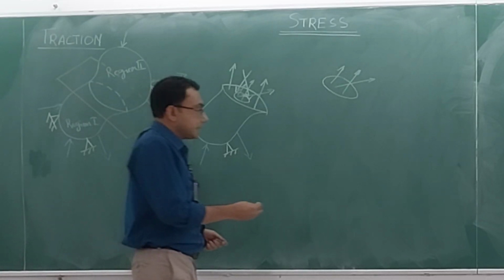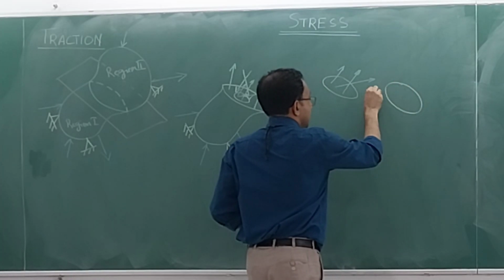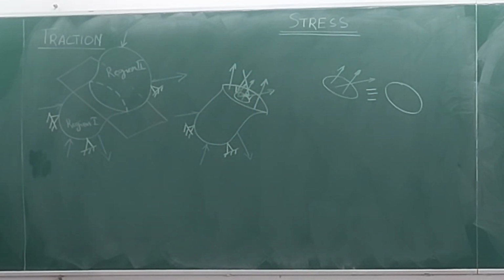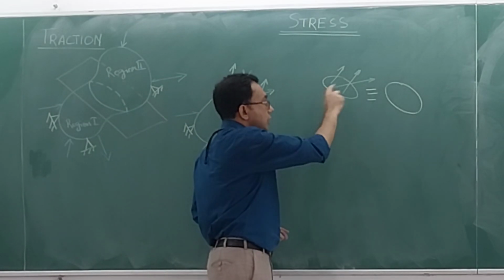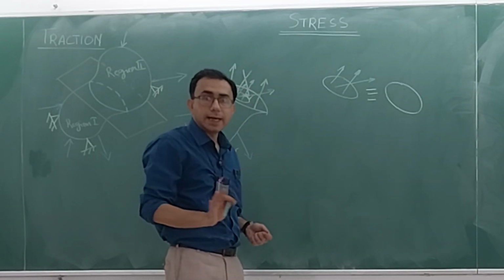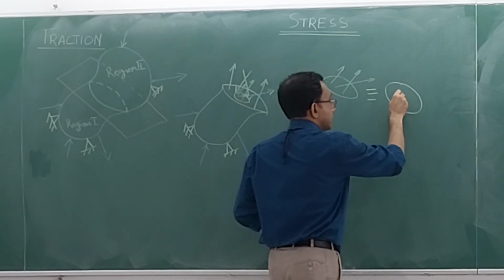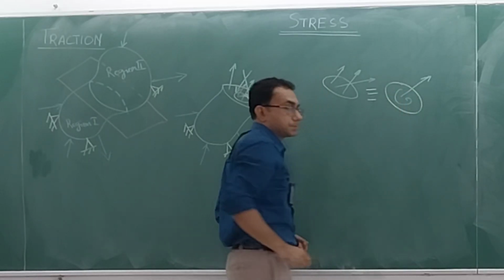In that little area, suppose I consider the equivalent distribution of forces and moments. I have this very complicated distribution of forces. What will be the resultant? Directly from your basic engineering mechanics, there will be one force and there will be one couple.